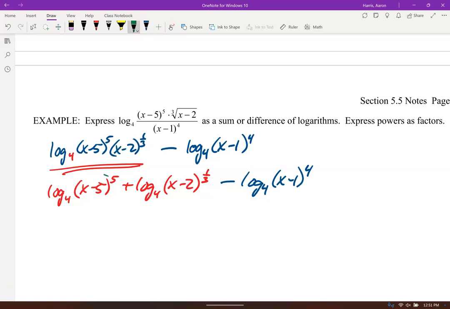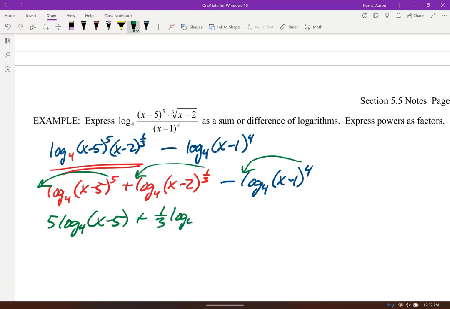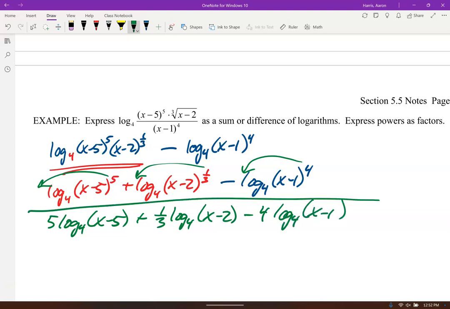And now I'm going to use the power property, so I can put that in front right there. So I get 5 log base 4 of x minus 5 plus 1/3 log base 4 of x minus 2 minus 4 log base 4 of x minus 1.